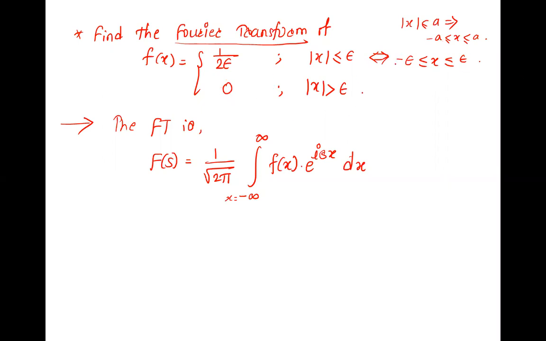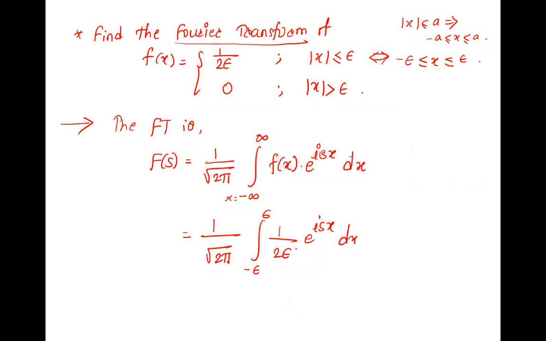You only think of the interval, so the integration limits are minus epsilon to epsilon. The function is 1 upon 2 epsilon into e raised to isx dx.